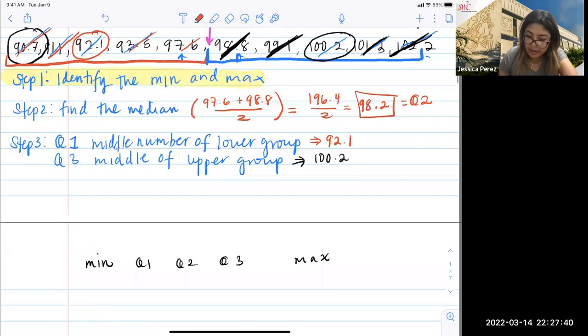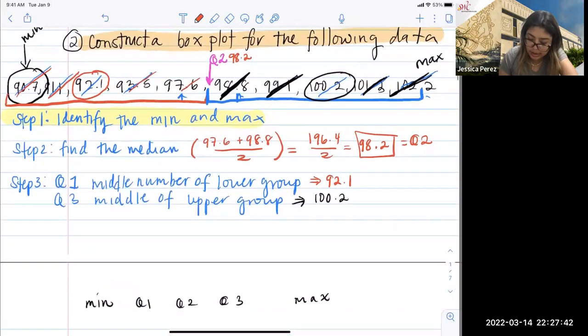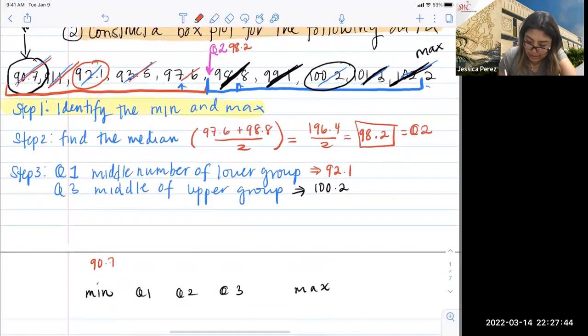So the minimum value, we saw that it was 90.7. Q1 was 92.1, Q2 is 98.2, Q3 was 100.2, and our max value was 102.2.